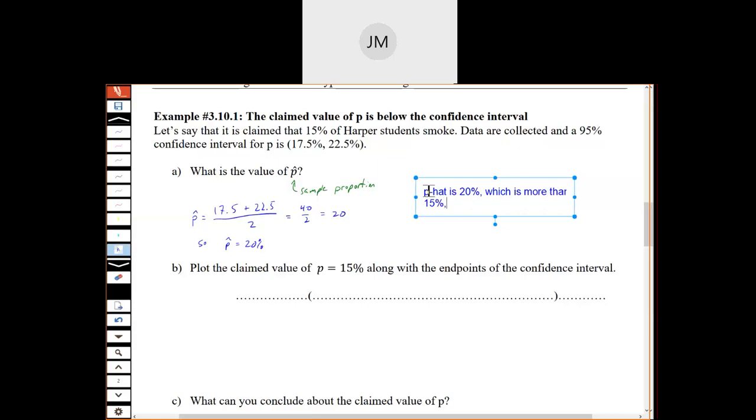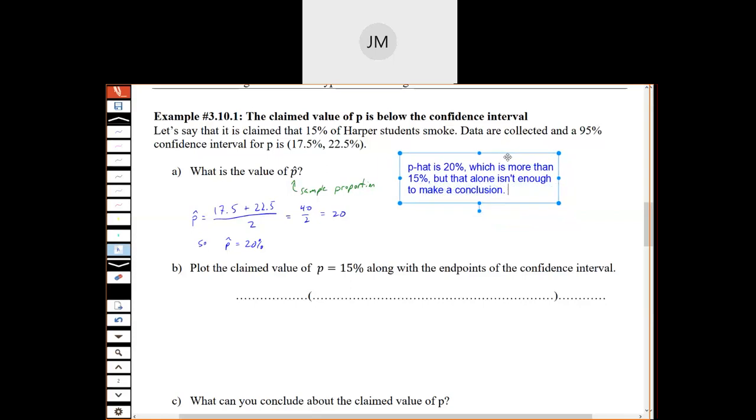But that alone isn't enough to make a conclusion, because I can't tell if that's different because of the natural randomness in taking a sample, or if it's because the claim is actually wrong.